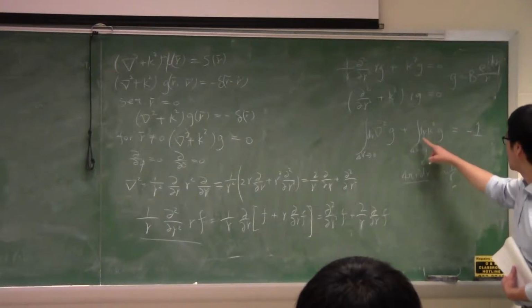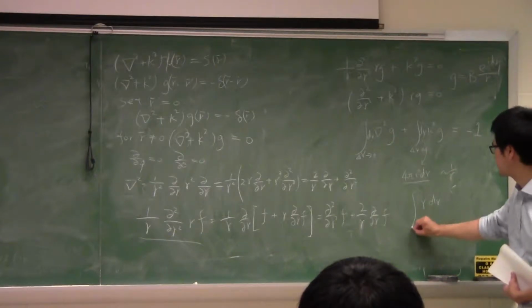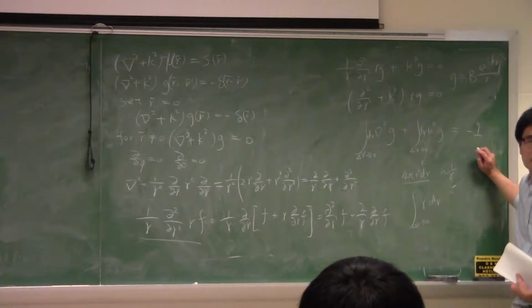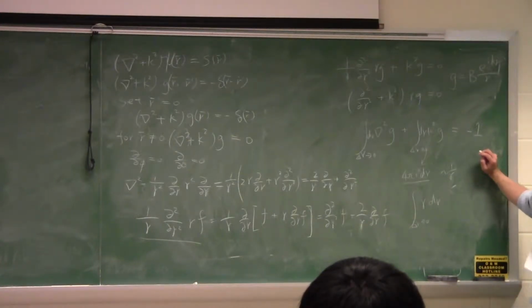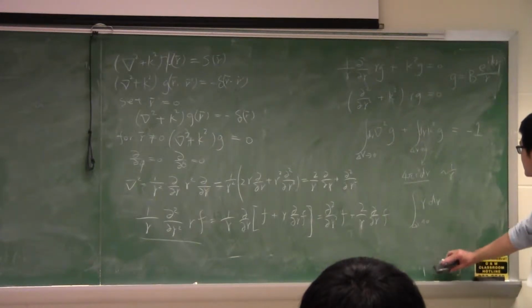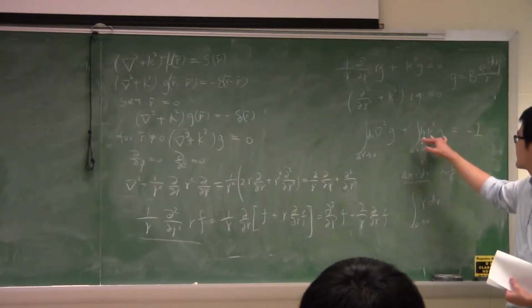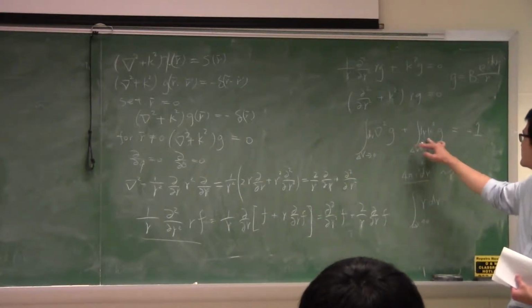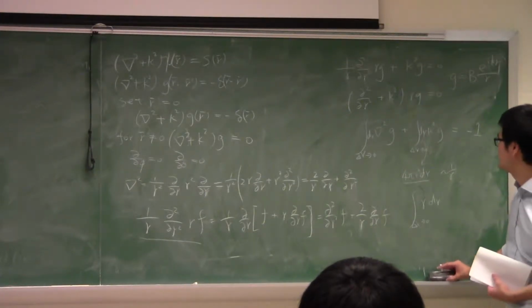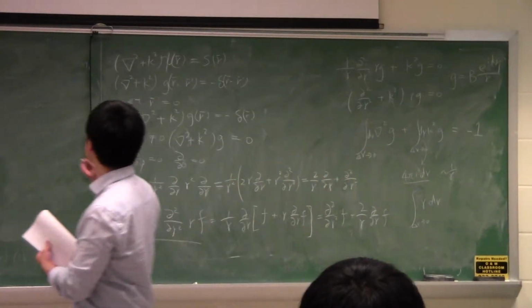So now we can see that the whole term becomes r dr. As this volume goes to 0, this term will actually vanish. We can always make this smaller and smaller, and then we'll get rid of this term. So now this term is gone.